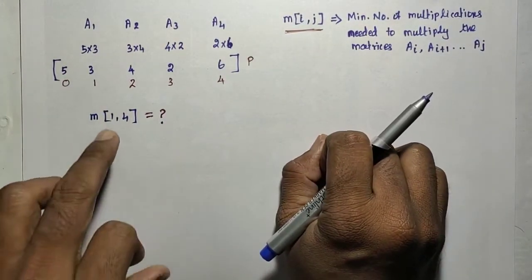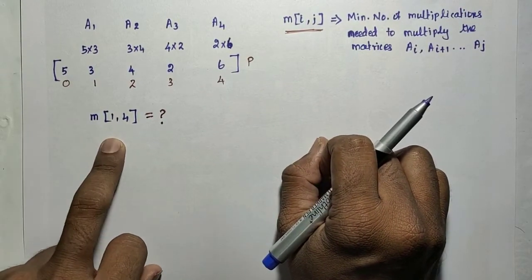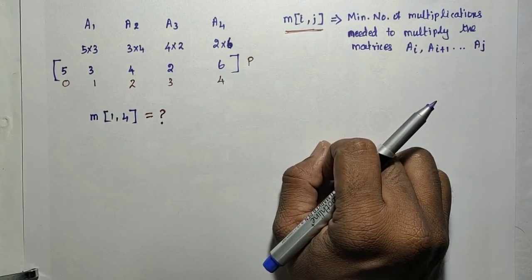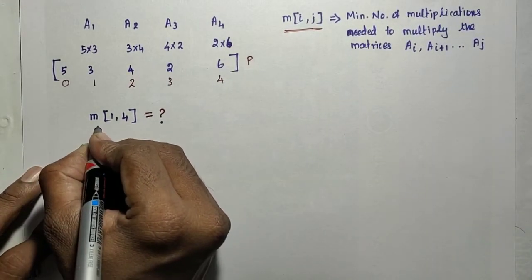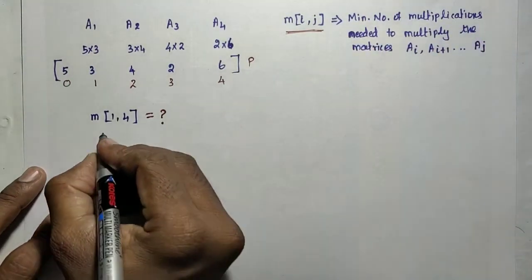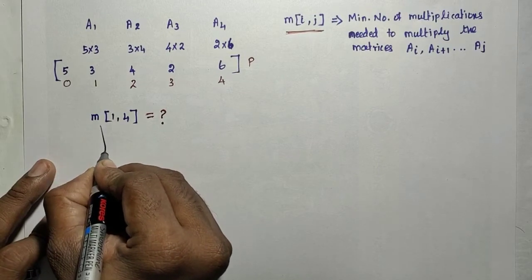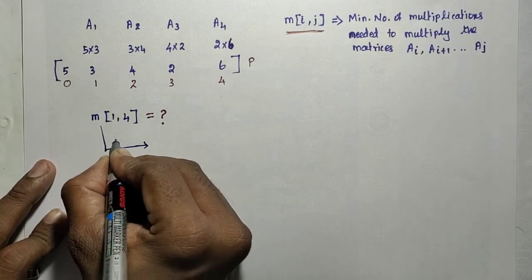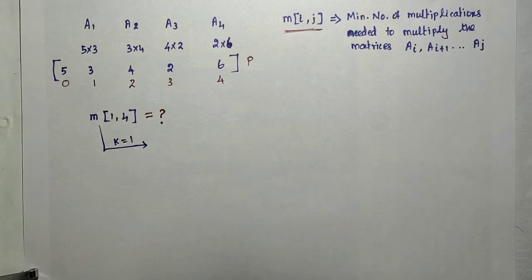So the problem will now be solved in a similar way to how we solved the rod cutting problem. Say m of i j, be clear in this definition. Now the problem will be solved like this: let k equal to 1. In the rod cutting problem, cut position equal to 1 inch, second inch, third inch, like that we moved.